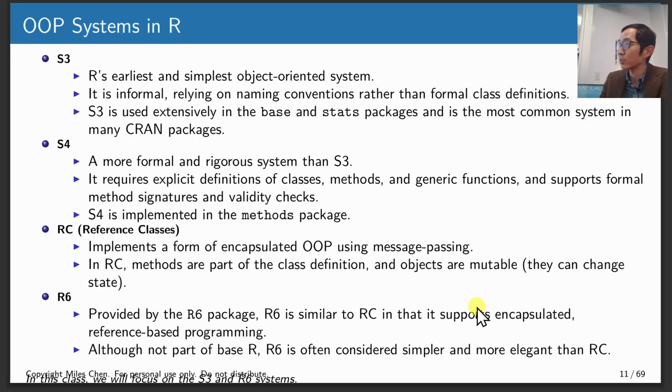Okay, this is a slide of the 4 different systems of OOP in R, and again, we're just going to look at S3 and R6 in our class. If you want to learn more about the other ones, you can do that on your own time.